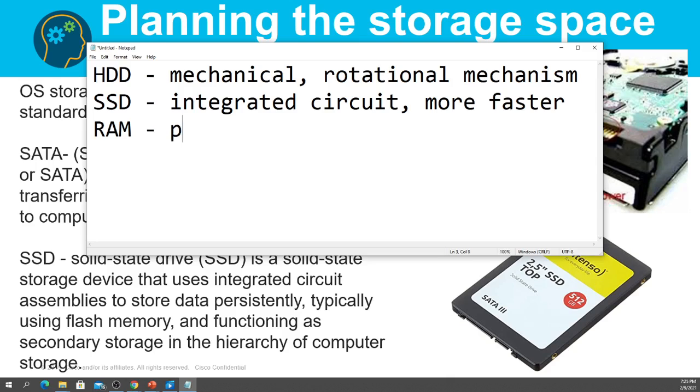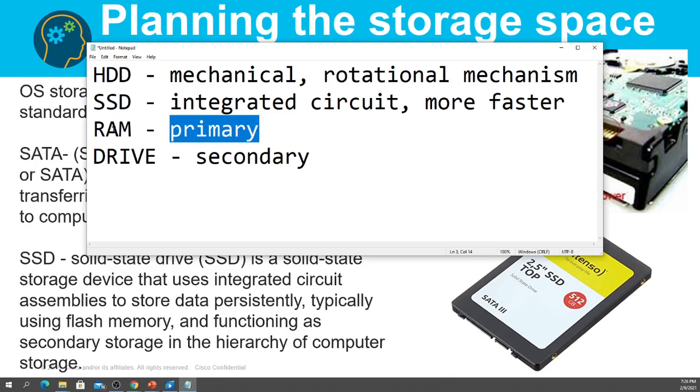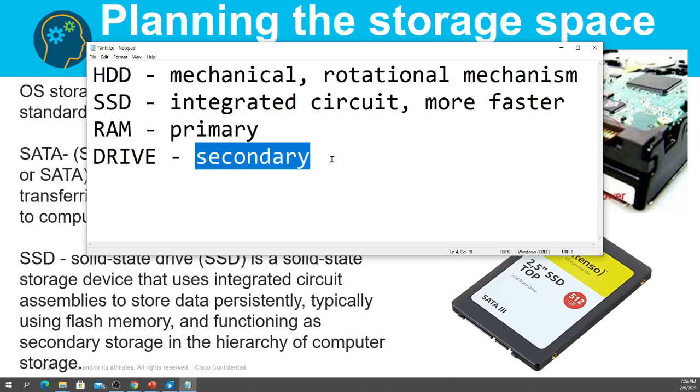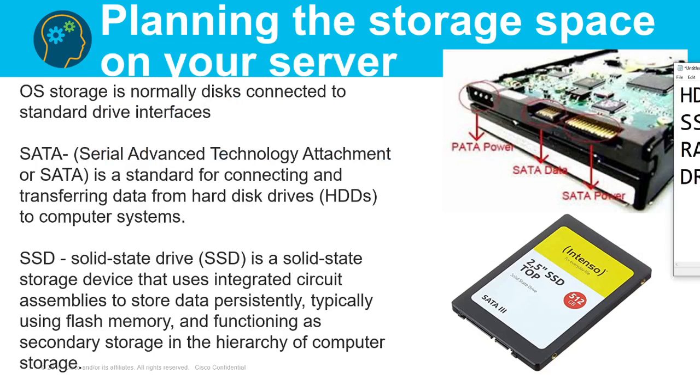The primary storage is your RAM. The secondary storage is your drive, the hard disk drive. Basically, your primary storage is your RAM, and the secondary storage is your hard disk drive or your solid state drive. Okay, so let us move.